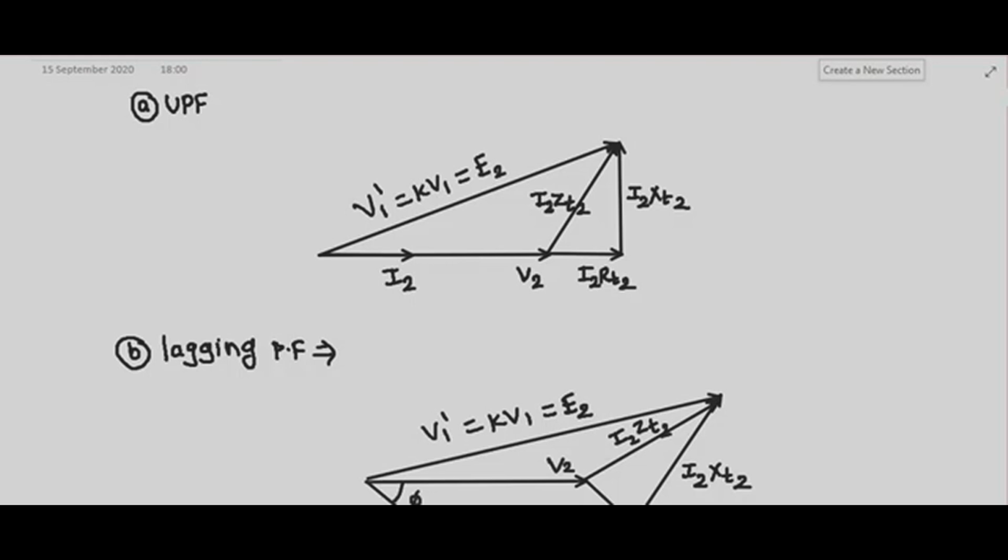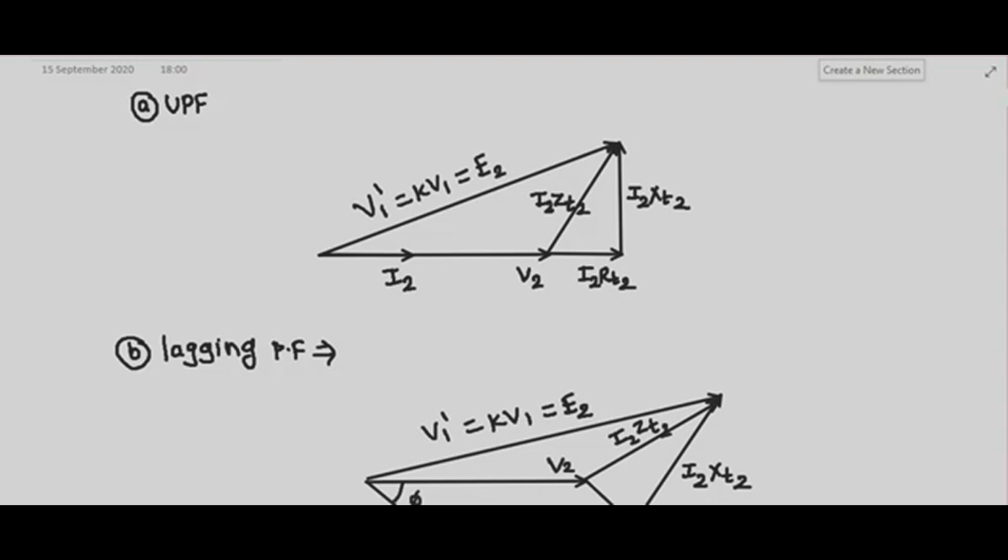Students, the transformer having low voltage regulation and therefore more or less constant secondary terminal voltage is always considered a good transformer. Means my transformer should always have less voltage regulation. Means it should be capable of transferring the power from one circuit to another circuit without drop in the voltage.